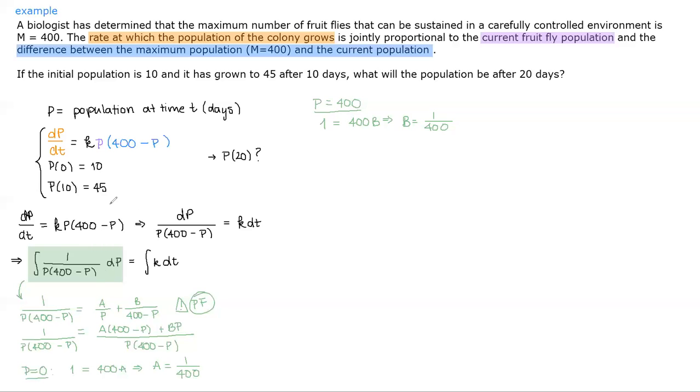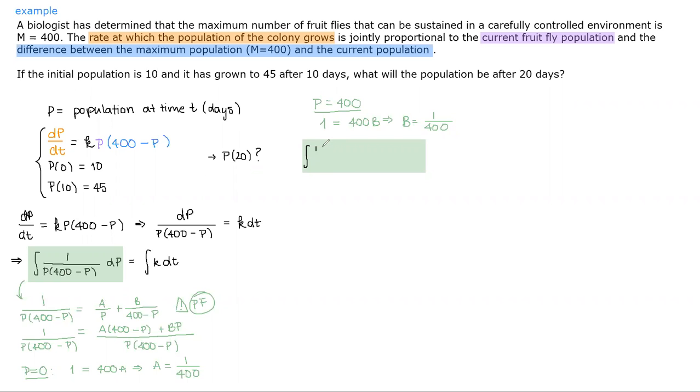Okay, so if I go back to the integral that I'm trying to evaluate here, that means that I'm going to end up evaluating the integral of 1 over P times (400 minus P), so this over here, which is equal to this type of expression as long as both A and B are equal to 1 over 400.